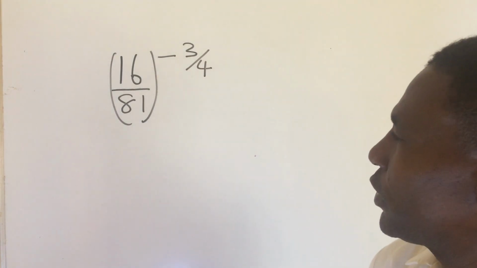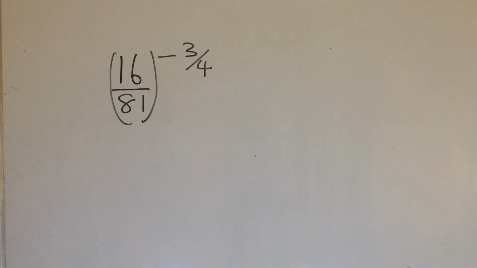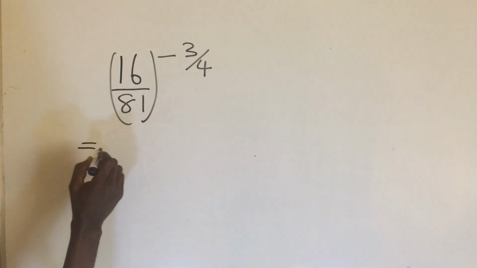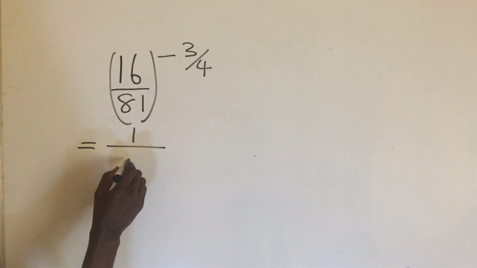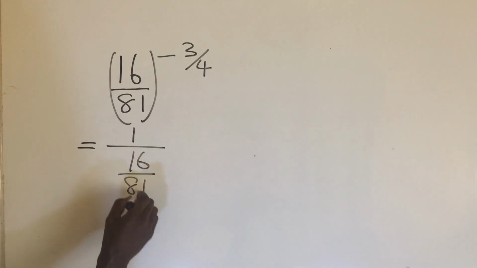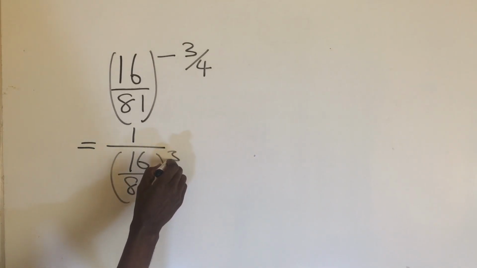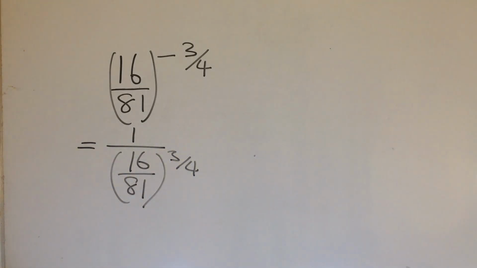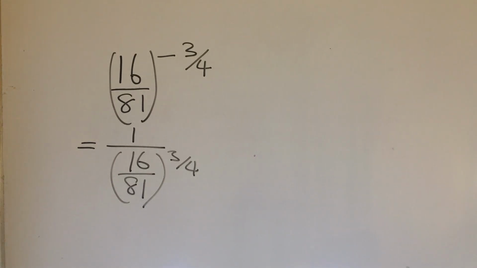Now, solving it, we go by saying, equals 1 over (16/81) in bracket raised to power 3/4. How did this come about, this 1 all over?